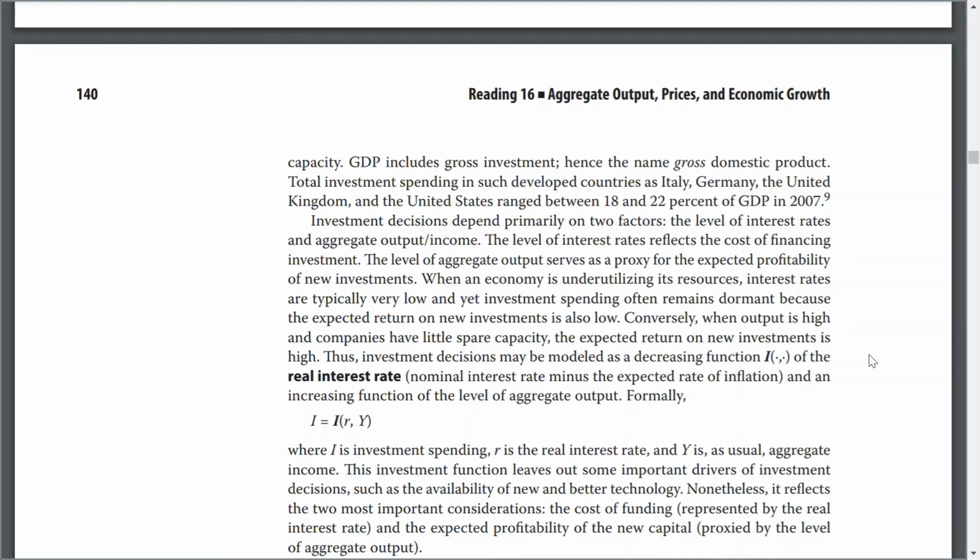When an economy is underutilizing its resources, interest rates are typically very low, and net investment spending often remains dormant because the expected return on new investments is also low. Conversely, when output is high and companies have little spare capacity, the expected return on new investments is high.